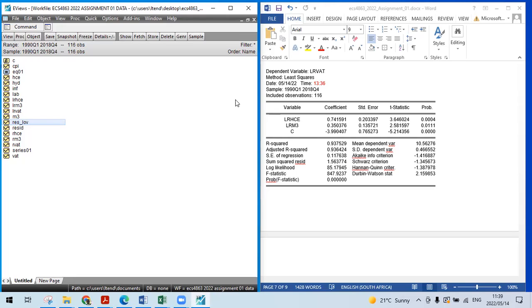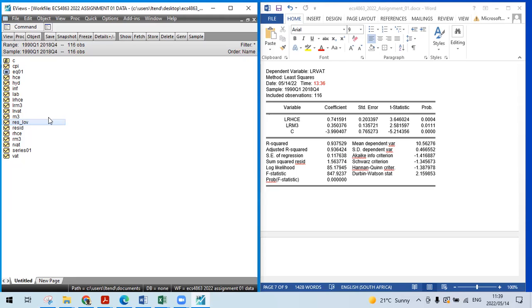In this case, we're instructed to do that. It's now called res LOV. This is mine. Yours will be different from mine, the name. But everything in there will be the same. But only the name. Res LOV. Test for stationarity of that res LOV. If it's stationary in level and you've included none in your model, conclude that there is co-integration between variables.